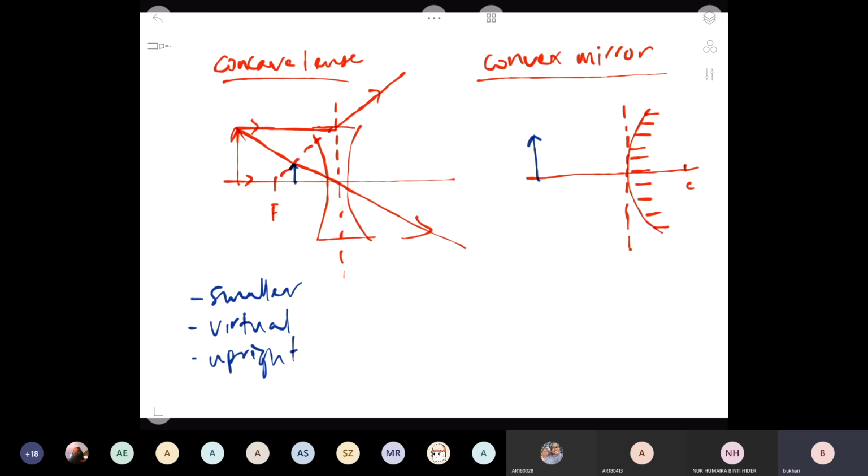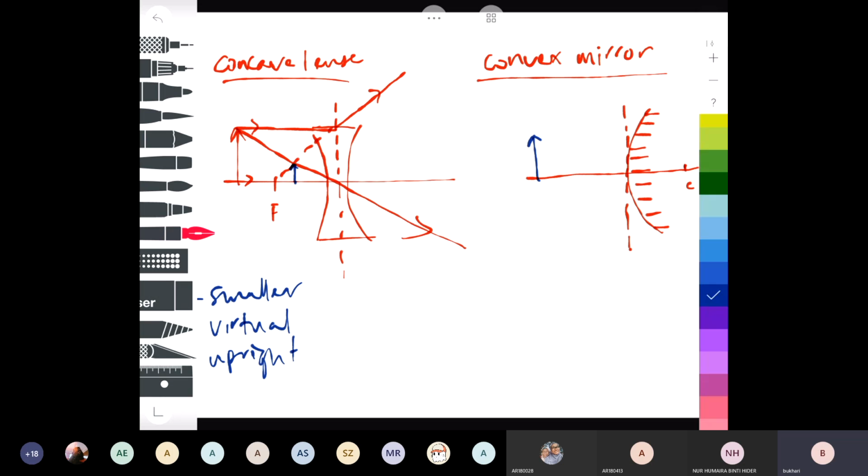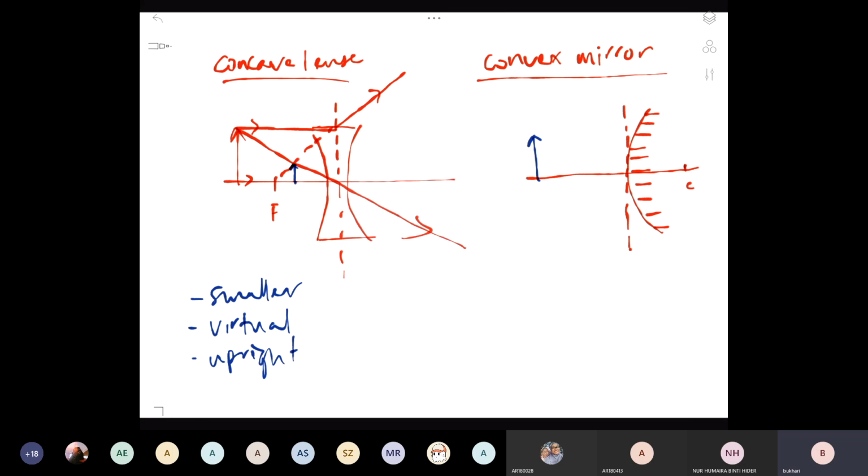Okay, what about this case? Now we have an object here. Now can we apply the rule we have here? Light parallel to principal axis. Okay, they are parallel. And then it will be reflected. It will reflect, but it seems to start from center of curvature. Seems to start from here.